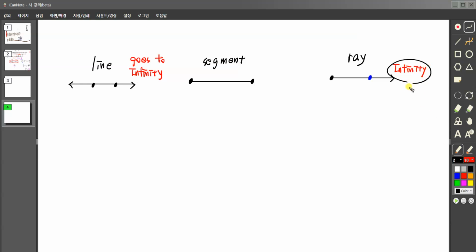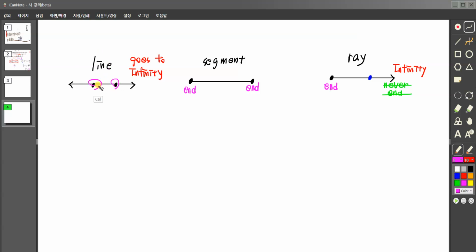Infinity on one side, but the other side has an end. If I call this point an end, then I can call the other side never-ending. That's a bit strange. I'll call it the infinity way.